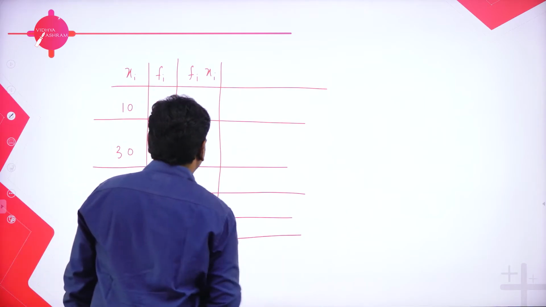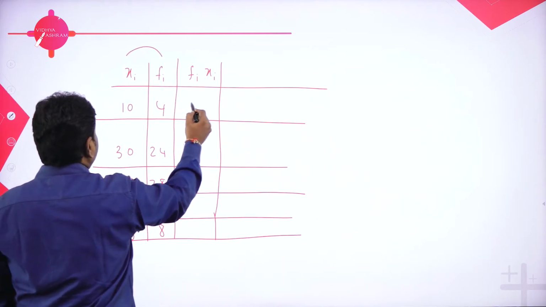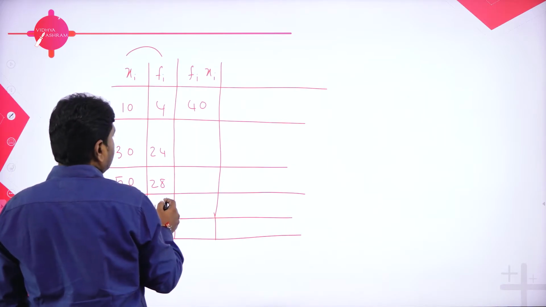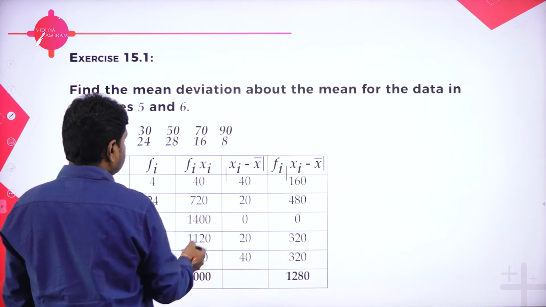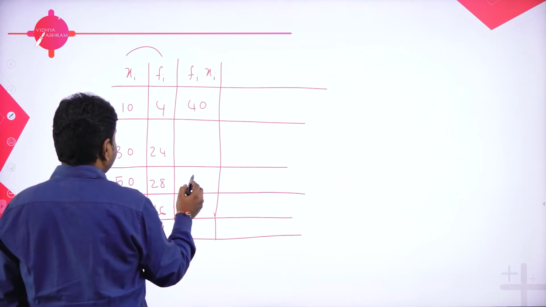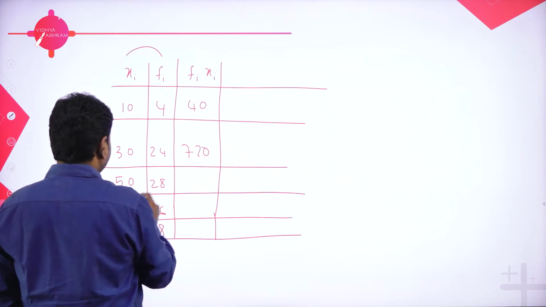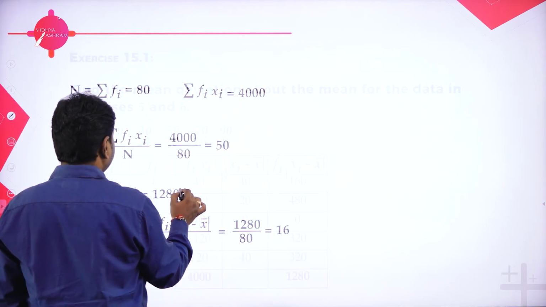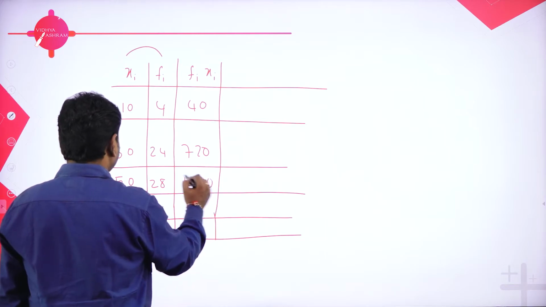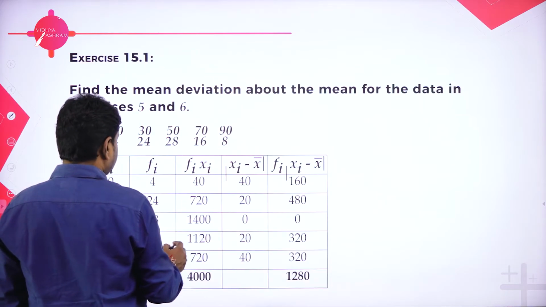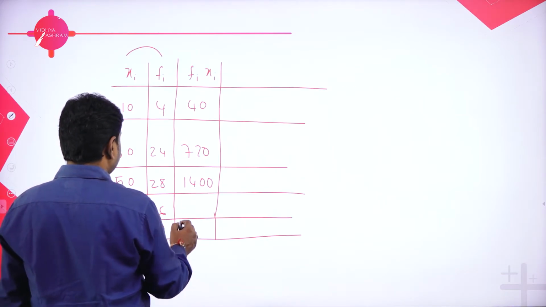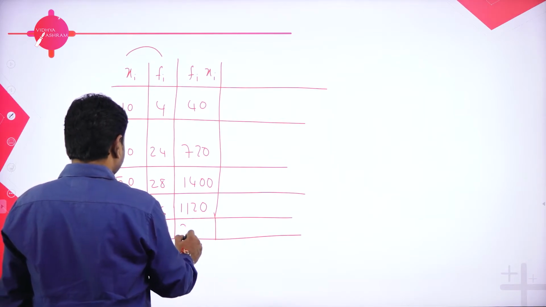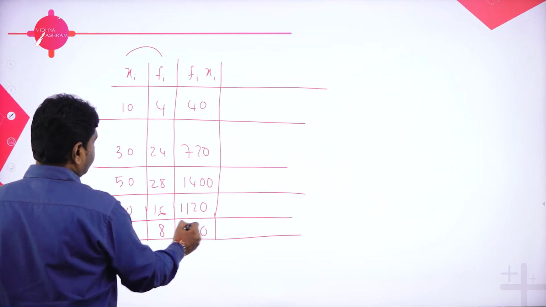Now our task is to multiply. 10 fours are 40, 24 into 30 is 720, then 50 into 28 is 1400. Use calculators, and further 70 into 16 is 1120, and 90 into 8 is 720.